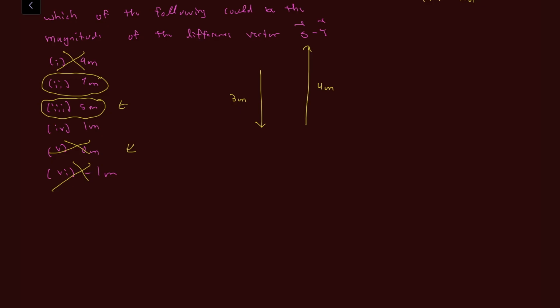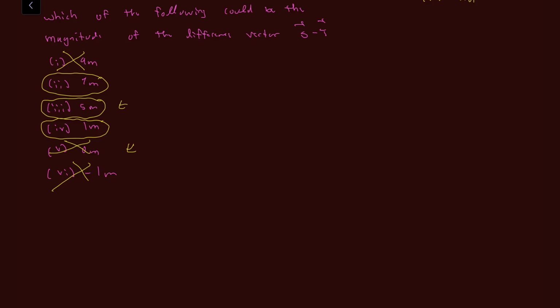Now, you should be able to see that because of this difference, it would be completely possible for us to get a vector with a 1 meter magnitude, depending on how we add them. So that's actually all we need to know to show that option 4 could be a possibility. And that's going to be the solution for this section of 1.7.